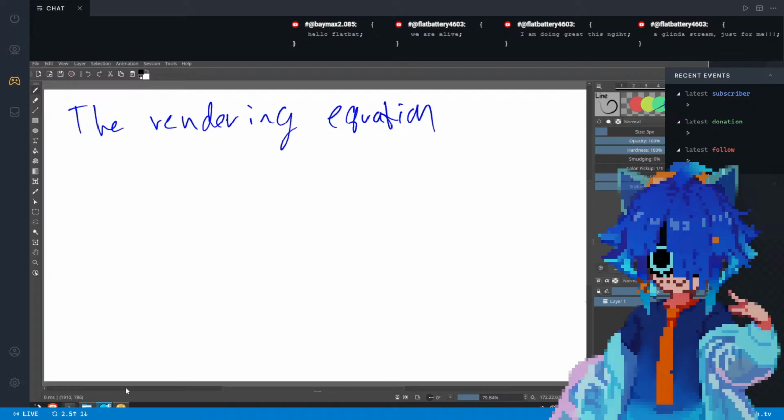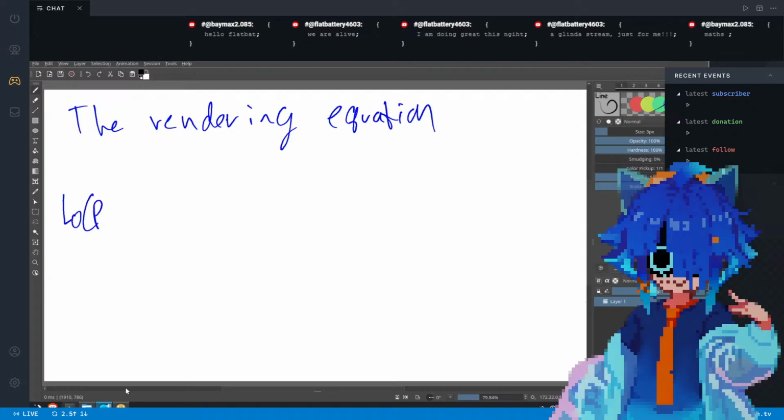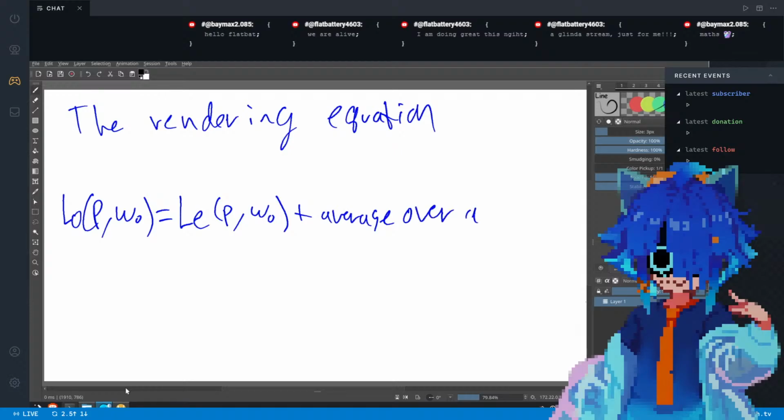It says that the light outgoing at some point in some direction is equal to the light emitted at that point in that direction plus the average over a hemisphere. I'm writing down a simplified version.